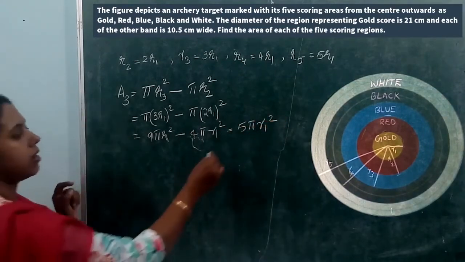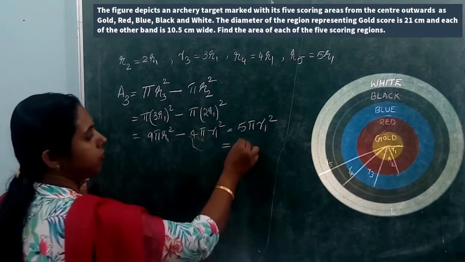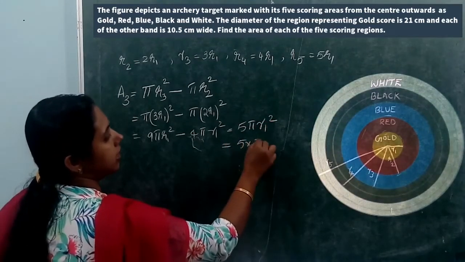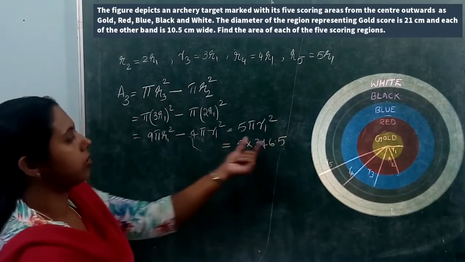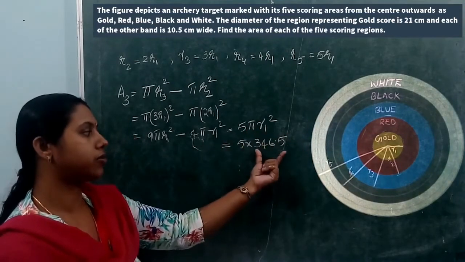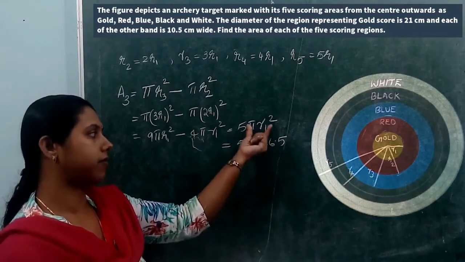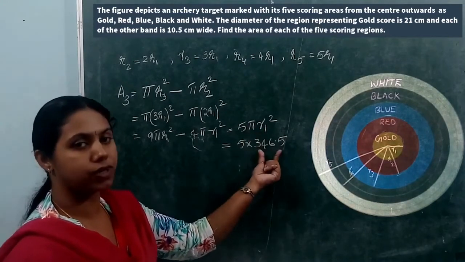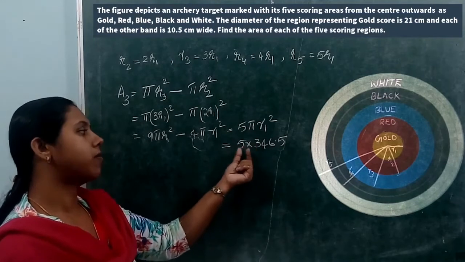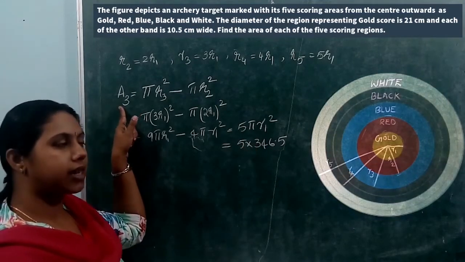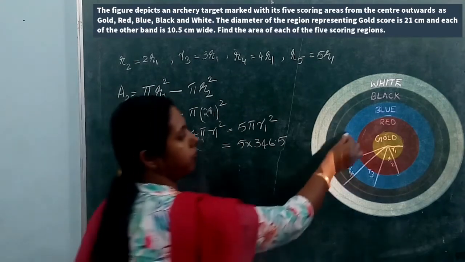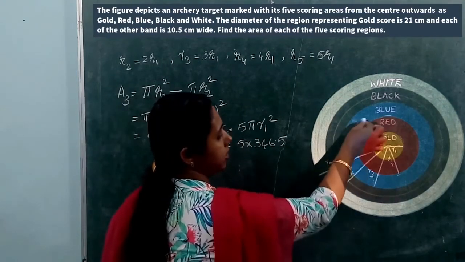So area of the blue region is equal to 5 into 346.5. Because you already found out that the area of the first region, that is pi r1 square, is 346.5. So when you multiply these two, you will get the area of the third region, that is the blue region.